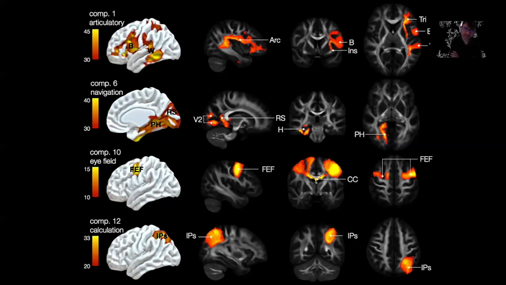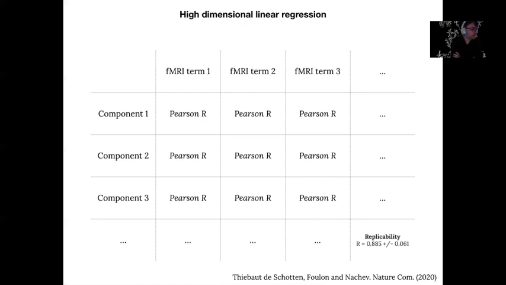So what we did essentially is to see how much each component was correlated to each functional MRI term of the meta-analysis, to try to predict the functional MRI term and extract from this prediction a map that will show us the white matter behind each term of Neurosynth.